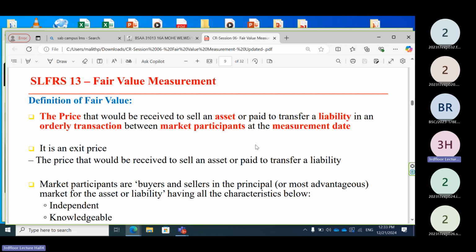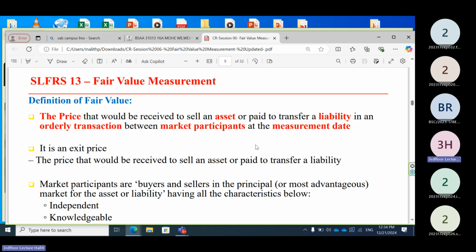Once you are using this definition without having this standard, it's really difficult to give a correct answer for a case study type question. That's what we wanted to discuss in the classroom. Each and every aspect we should have a proper understanding of.